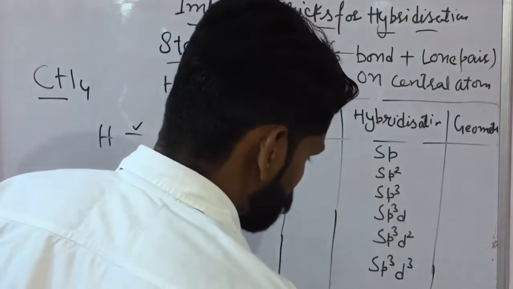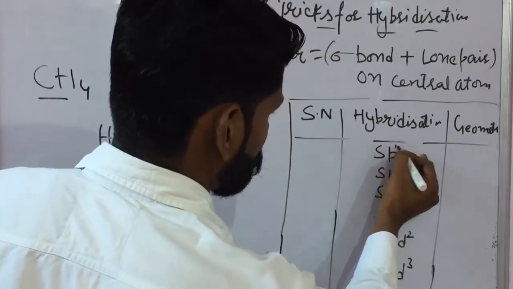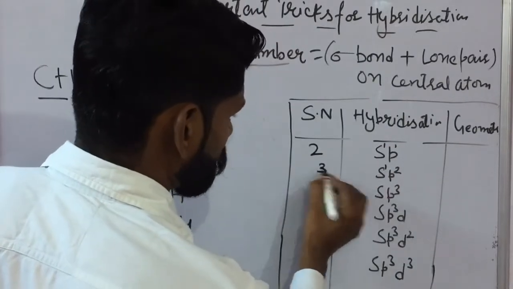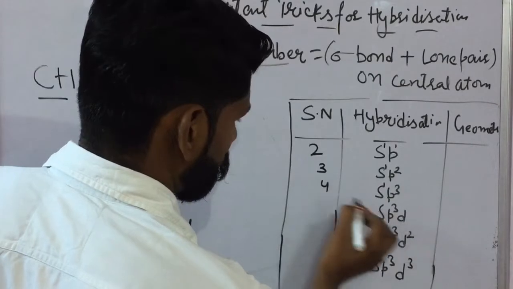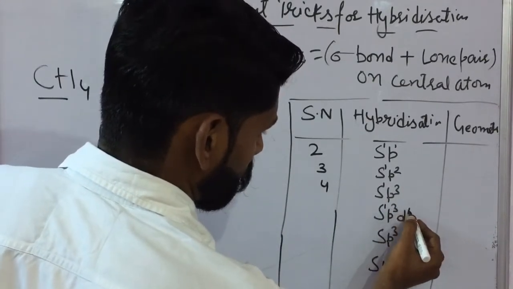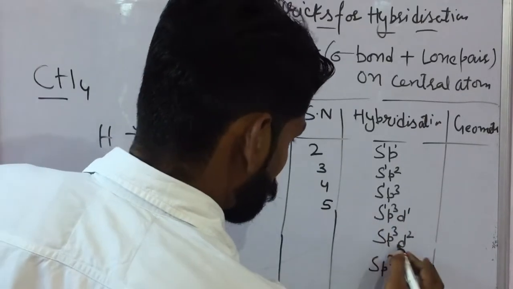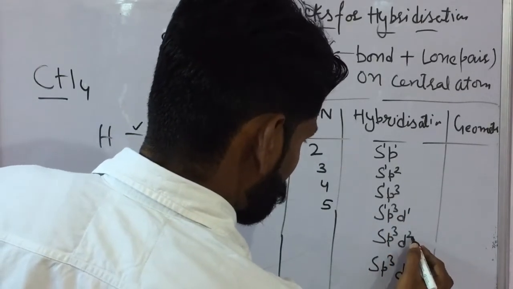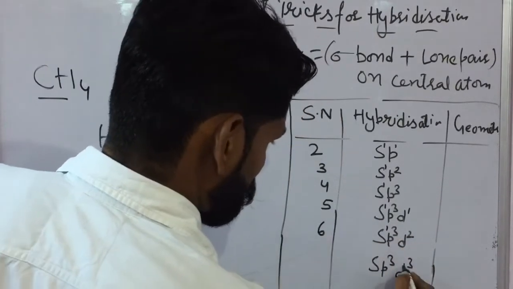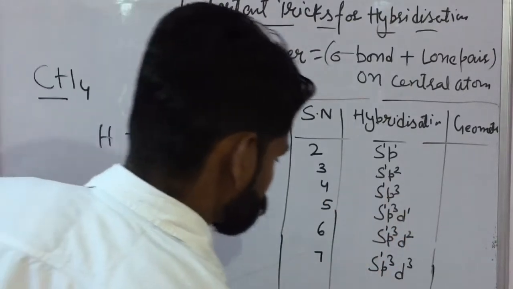With the help of these hybridizations, we can write the steric numbers: sp is 2, sp2 is 3, sp3 is 4, sp3d is 5, sp3d2 is 6, and sp3d3 is 7.